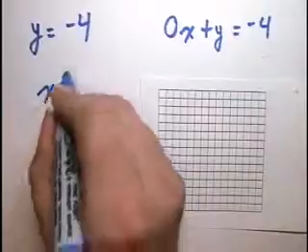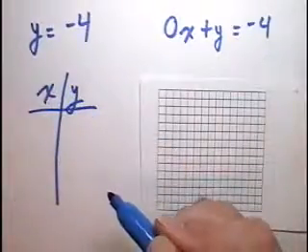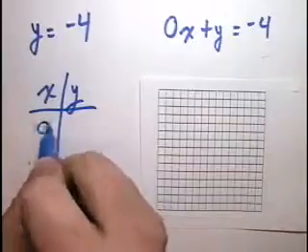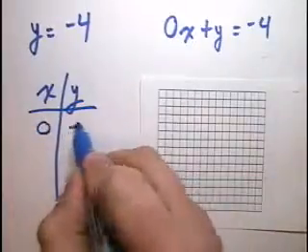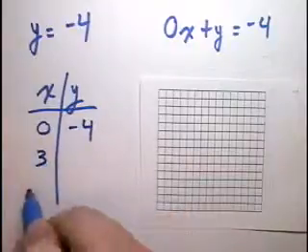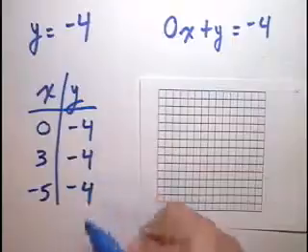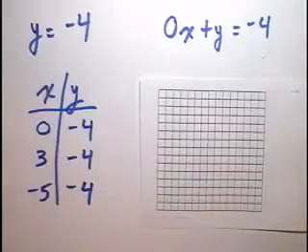So if I solve this by choosing points for x and y, I can pick anything that I want to for x. I could let x be 0, but y has got to be negative 4. I could let x be 3. You let x be negative 5. Doesn't matter what values you pick for x, your y is stuck at negative 4.